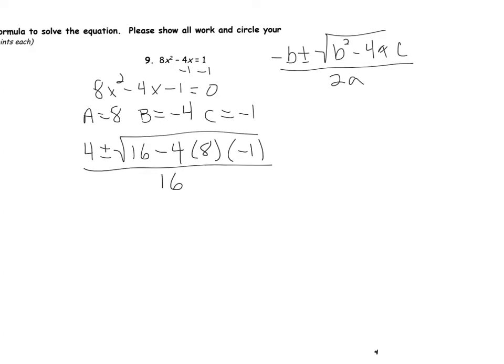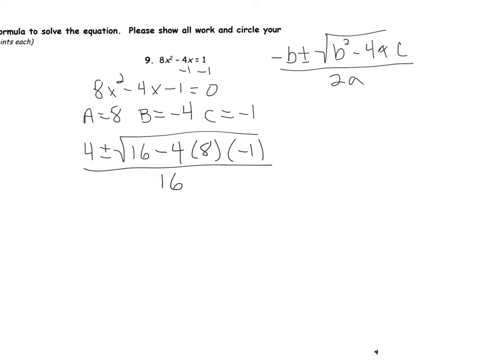Now, if we go into the radicand, in here we've got negative 4 times 8 times negative 1. I know that because I've got a negative times a negative, it's going to be positive. So I'm going to have 4 times 8 is 32 plus 16. I've got 48.